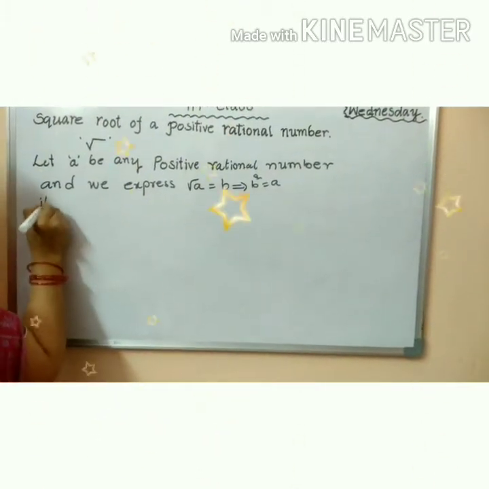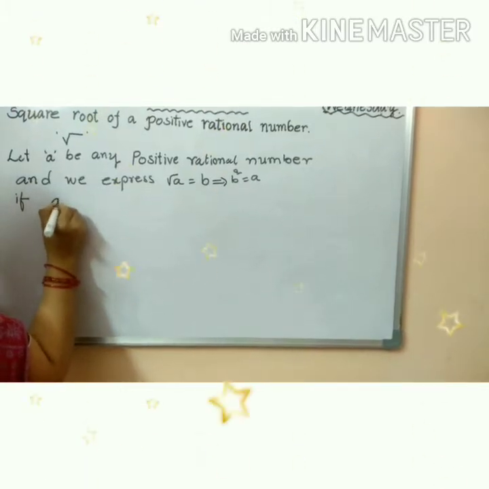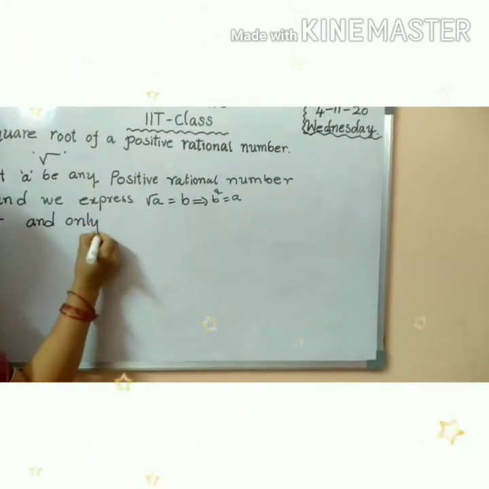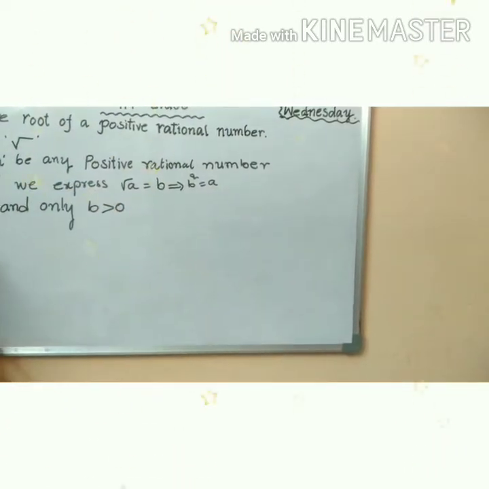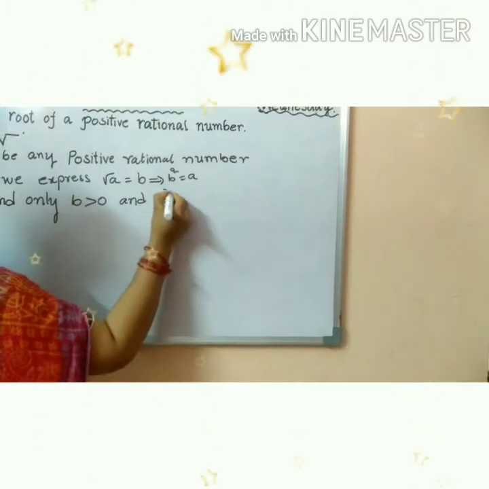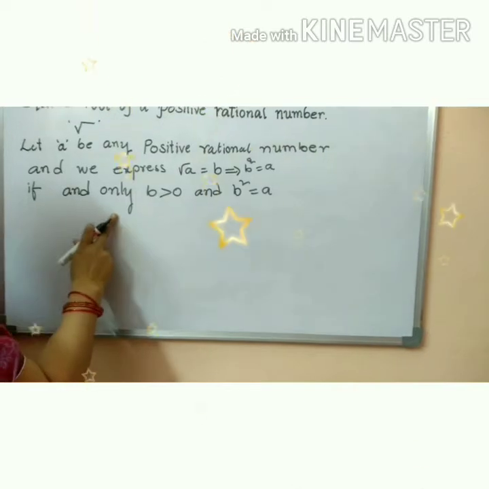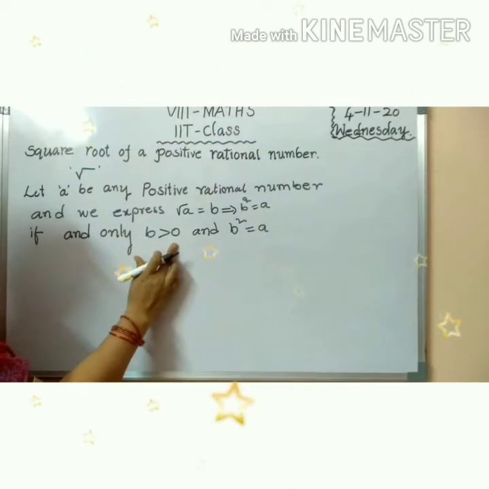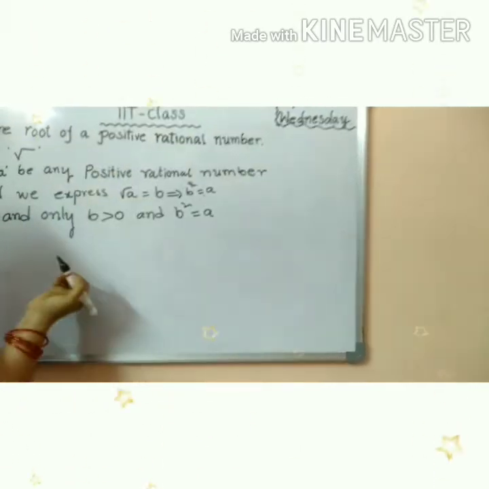Root A equals B if and only if B is greater than 0 and B square equals A. Children, it means the value of B is greater than 0 and B square equals A, like this only.